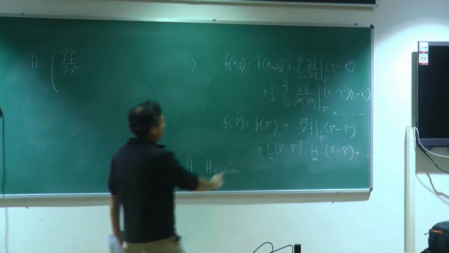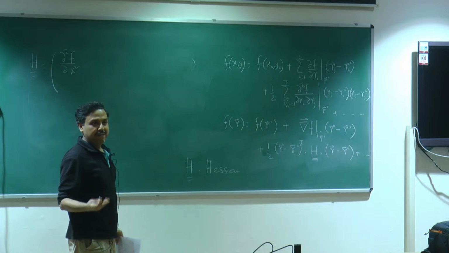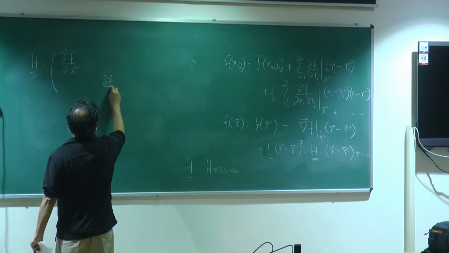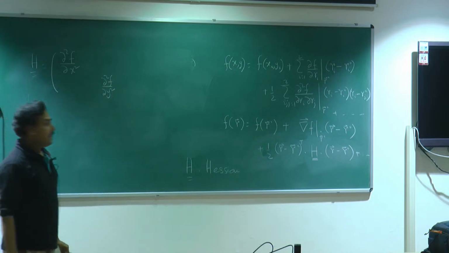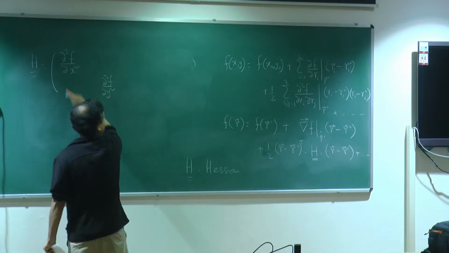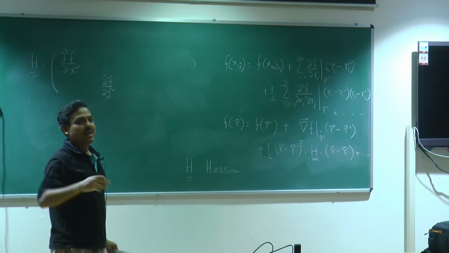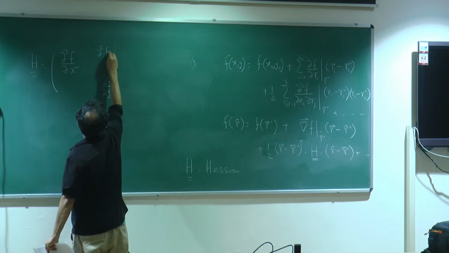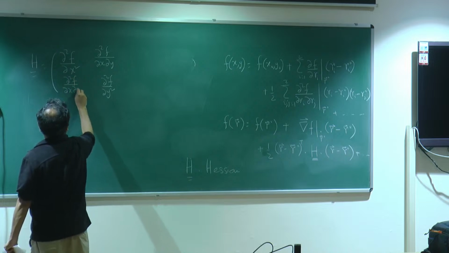When i equal to 2, j equal to 2, then that's just del 2f del y2, and that will come here. The 1, 2 and 2, 1 components are the same. They are basically del 2f del x del y, or del y del x, it doesn't really matter. So I will write this as del 2f del x del y, and similarly here I will write del 2f del x del y.